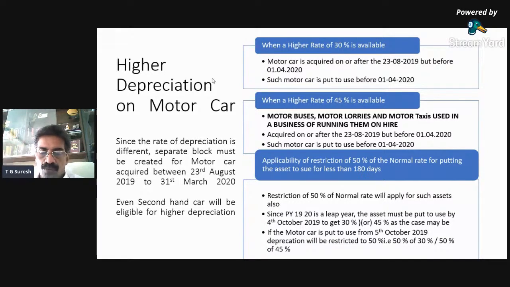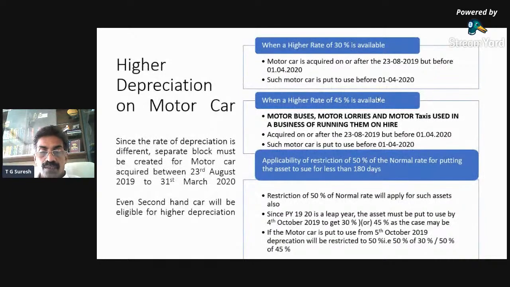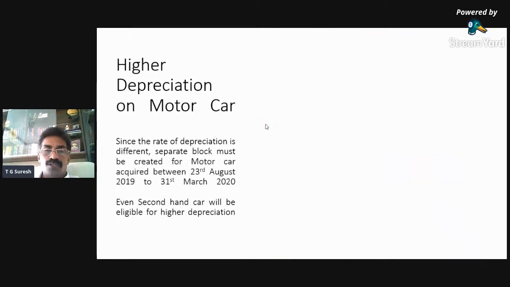That means if you put the asset to use on 5th of October, or if you acquire after 5th of October, then only the restriction will apply. This is something many of us normally miss out in the examination. So the time limit for putting the asset to use is 5th of October only. Just watch out for this.